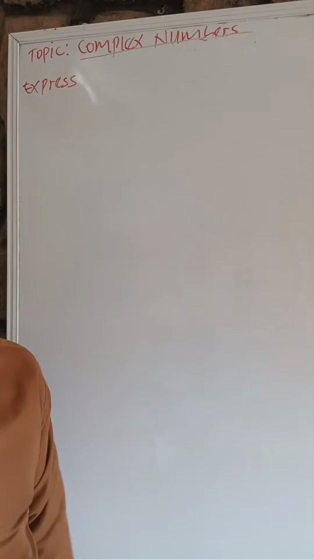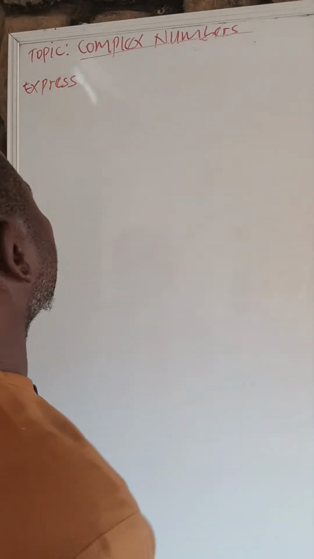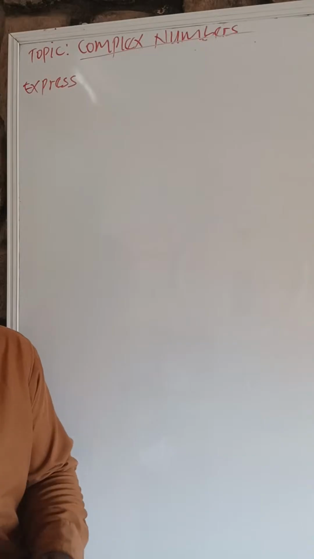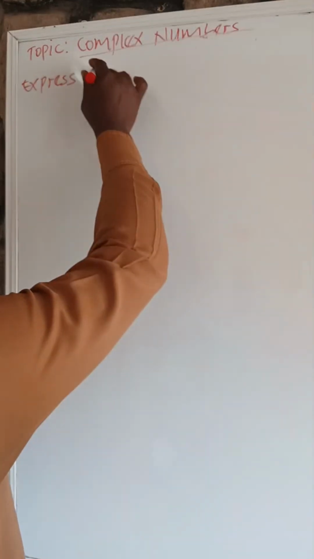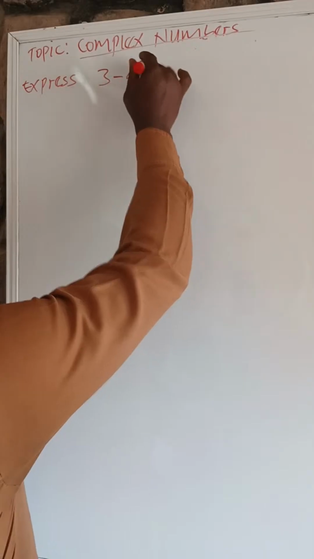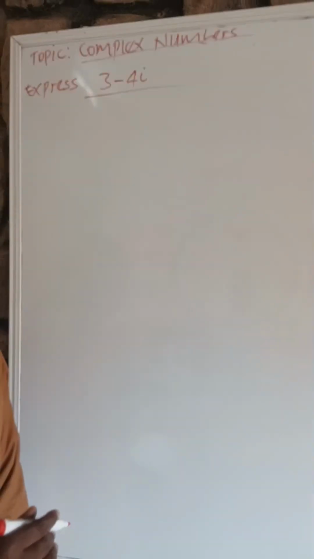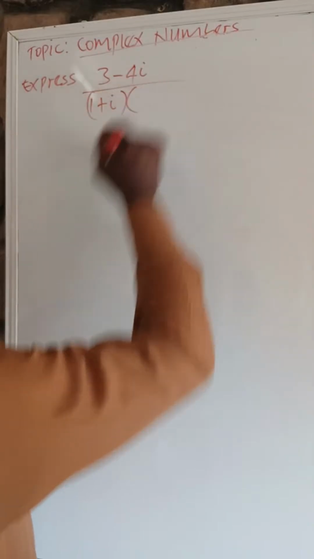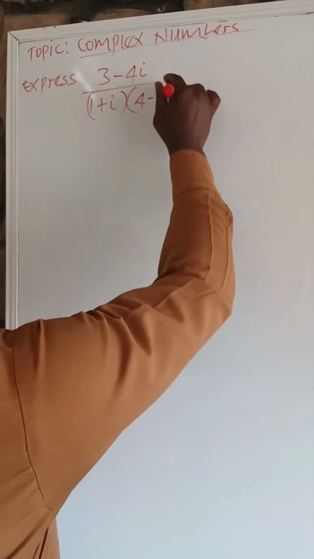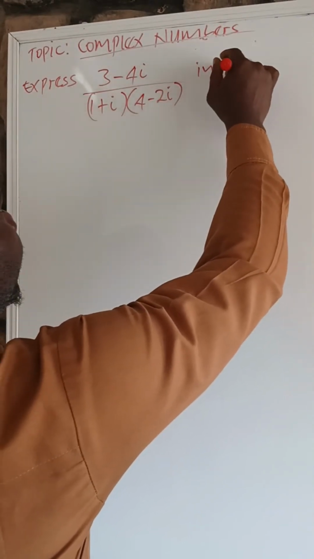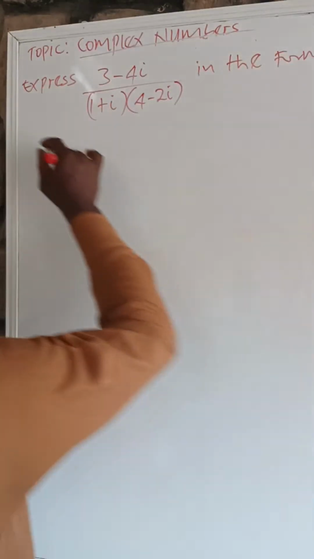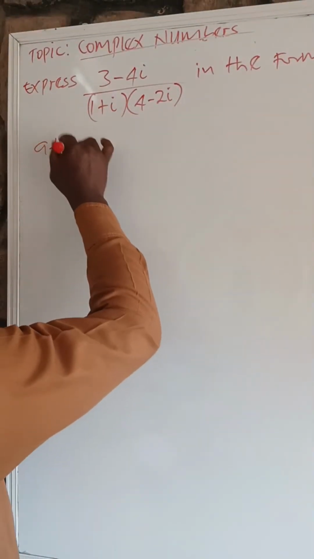So express, what's the question here? Express 3 minus 4i all over 1 plus I, open bracket, 4 minus 2i, in the form a plus ib.